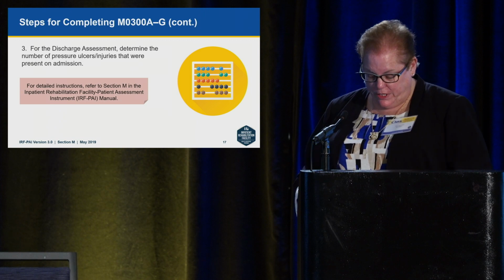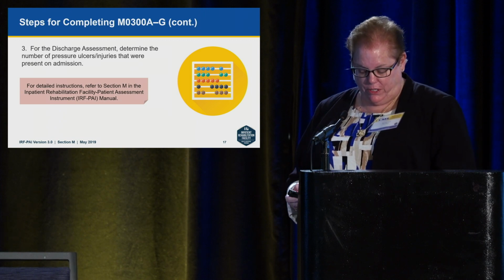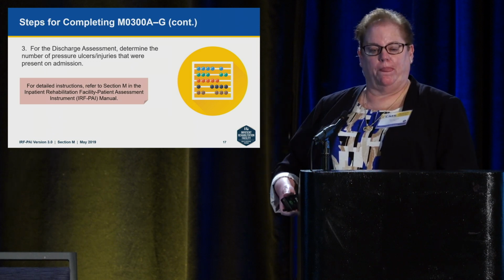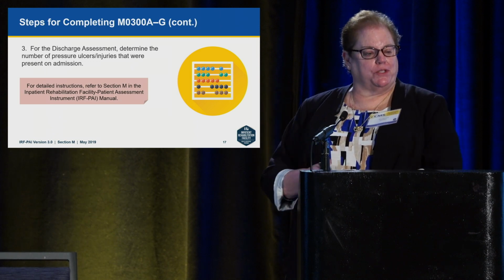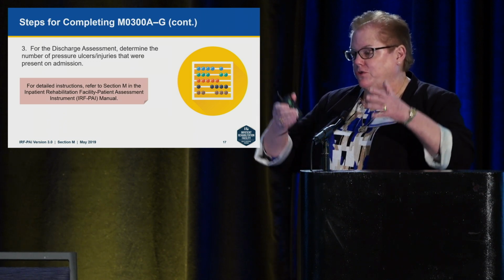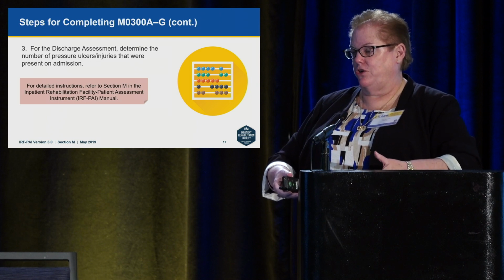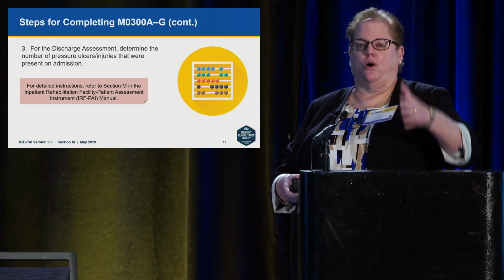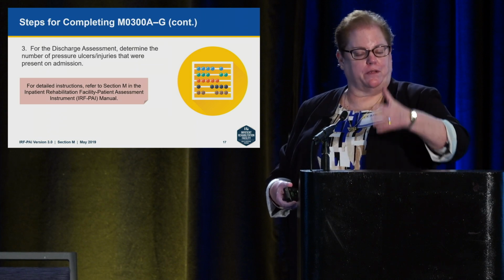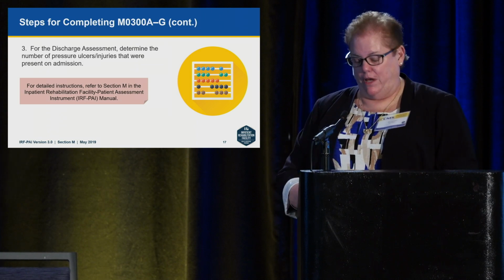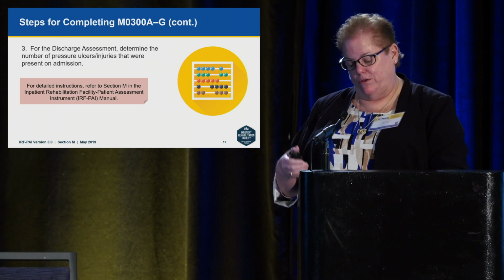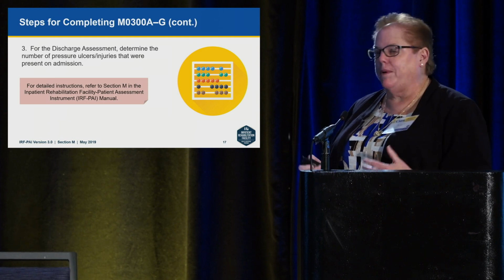With the discharge assessment, you want to know what's present upon admission, but you also want to determine what's there now. So at discharge, I think it's almost easier to look at the patient and say, what pressure ulcers does the patient have now upon discharge? Then I want to say, okay, of what I see today, what was present upon admission? So I'll go back to my documentation and understand what was present upon admission. And then we're going to go through a variety of scenarios as ulcers change on how we code those.